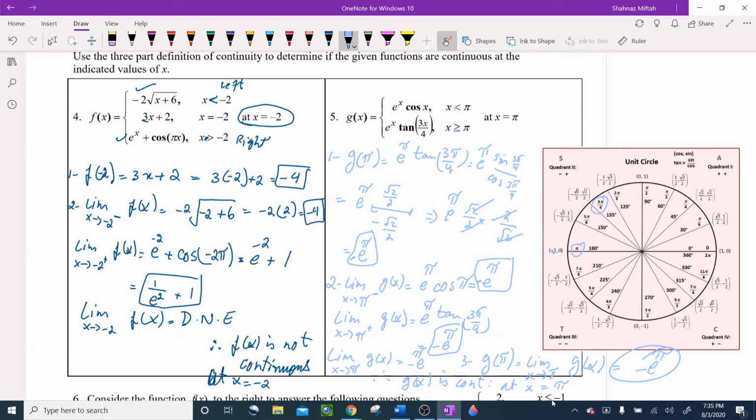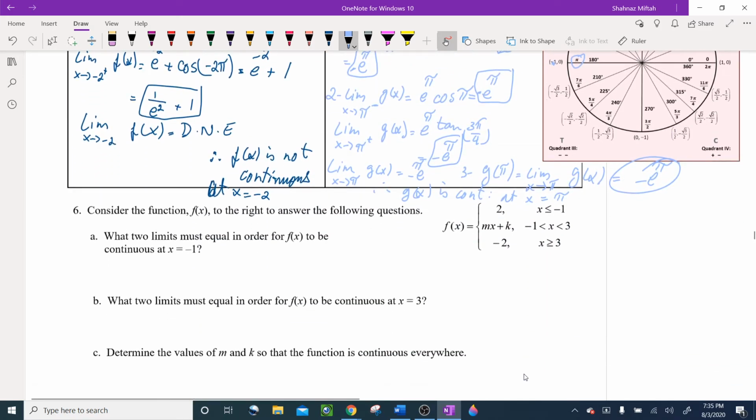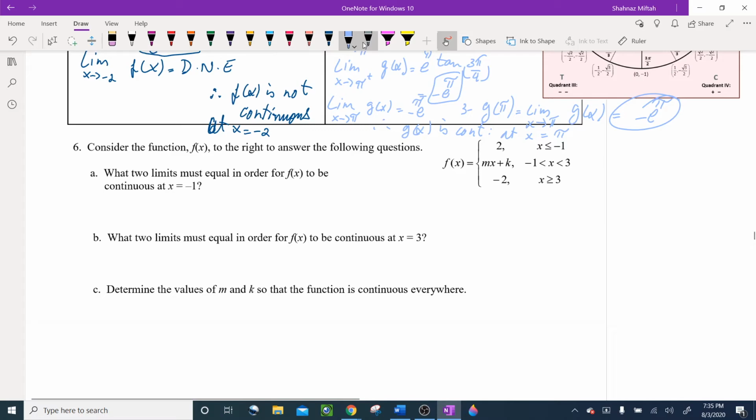Okay, now let's try question number 6. Consider the function f of x to the right to answer the following questions. What two limits must be equal in order for f of x to be continuous at x equal -1? It means I'm talking about the limit from the left and the limit from the right.